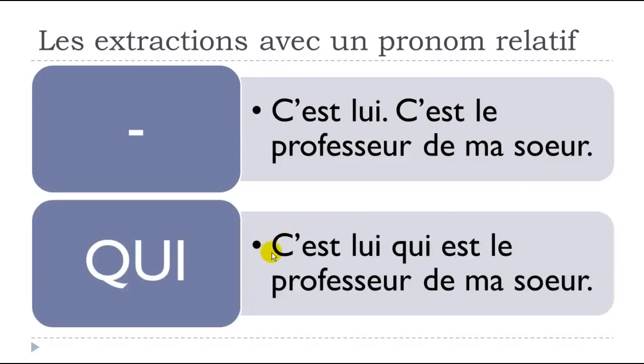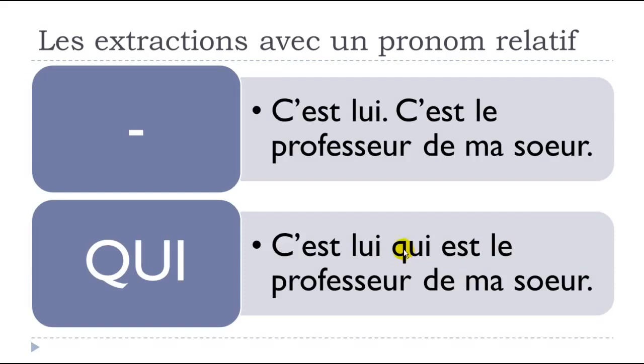You've got the first sentence, c'est lui, you don't touch it, qui est le professeur de ma sœur. Keep in mind that we put qui just because in the second sentence here, it's the subject. Okay, so that's the reason why.